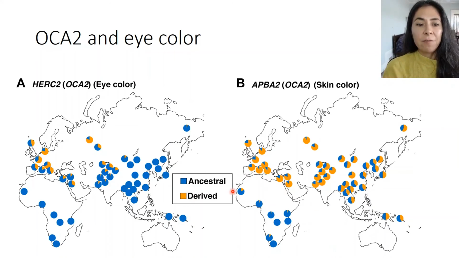And so if you have enough sunlight around, you're going to have darker skin colors. And so that means there's this really strong selective pressure on skin color that we really don't see for eye color, right? Having lighter or darker eyes doesn't really seem to be beneficial in any particular kind of environment.